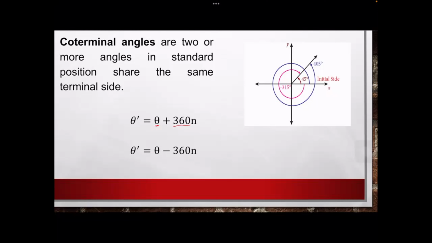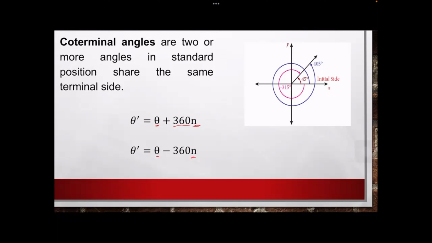Bakit siya 360 degrees? Kasi ang isang revolution sa circle ay 360 degrees. Yung n is the number of revolutions. Kapag naman negative, you can have the given angle minus 360 times the number of revolutions. Example, the given is 45.